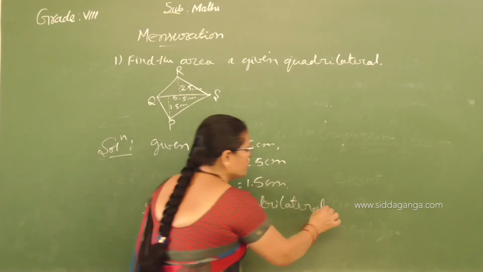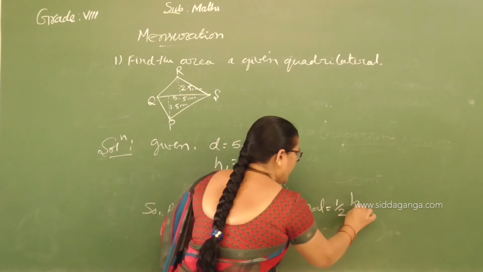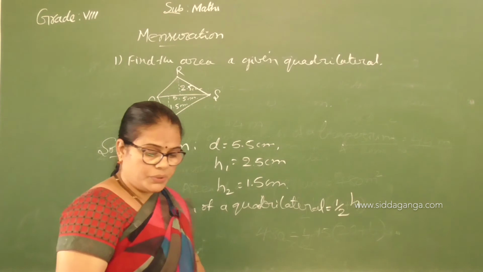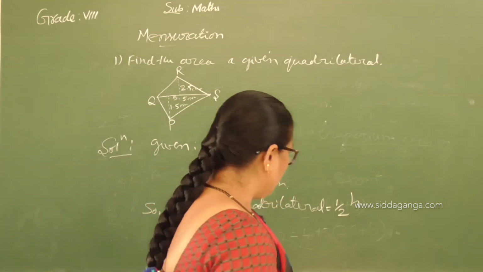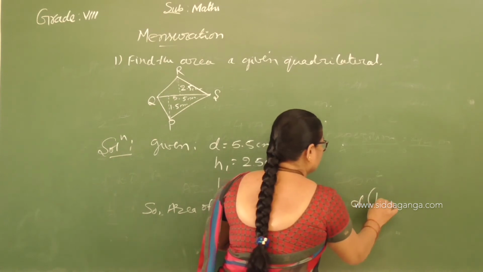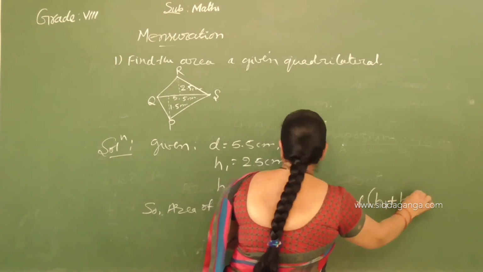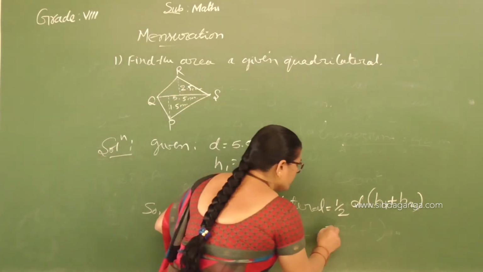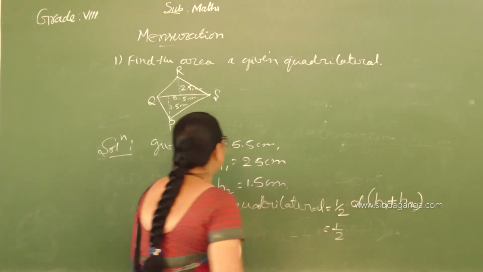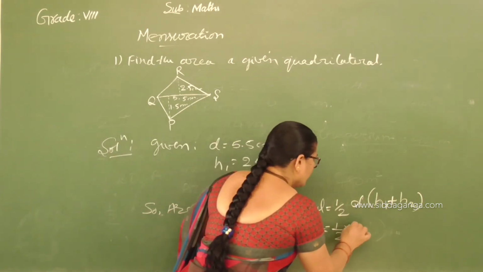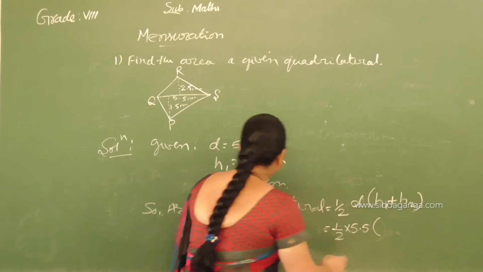Substitute the values. What is the value of D? Diagonal D is equal to 5.5 centimeter. Then H1 is equal to what?